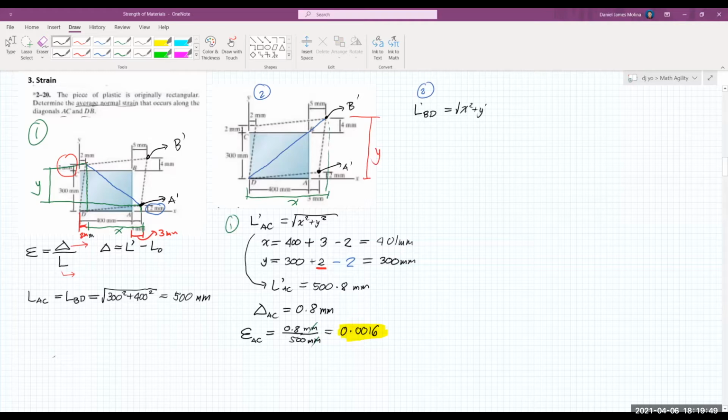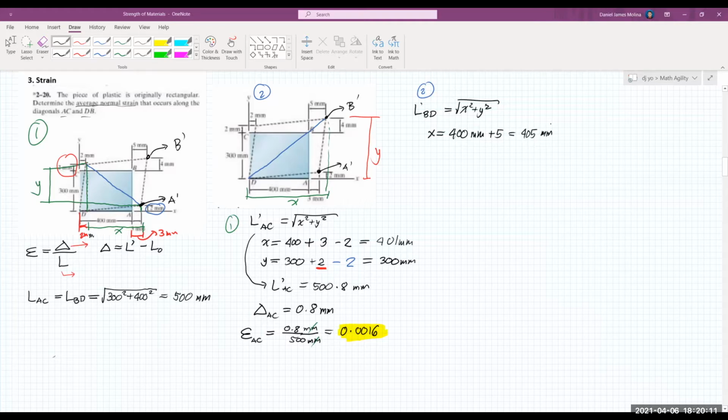So we have the square root of x squared plus y squared, from Pythagorean theorem. For the horizontal length x, we have 400 millimeters, and since B is stretched by 5 millimeters horizontally to the right, we have 400 plus 5, so 405 millimeters.